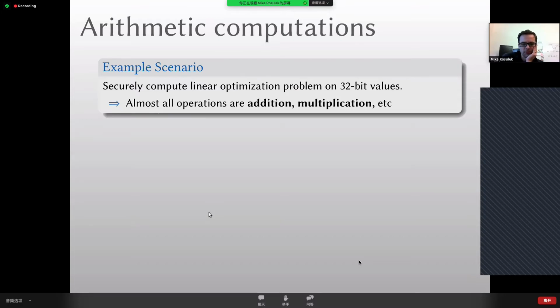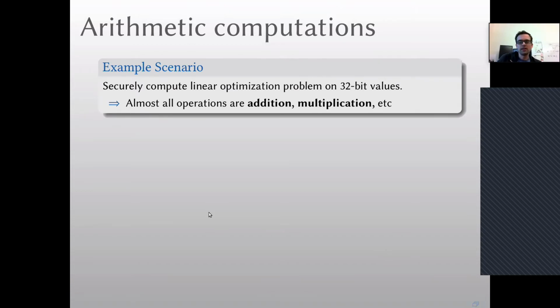It's a natural thing, 32-bit integers. Most of the cost of the computation is additions and multiplications. So if you converted that into a Boolean circuit, you would have lots of little addition circuits, lots of little multiplication circuits for Boolean values.